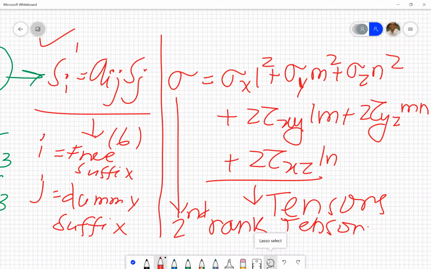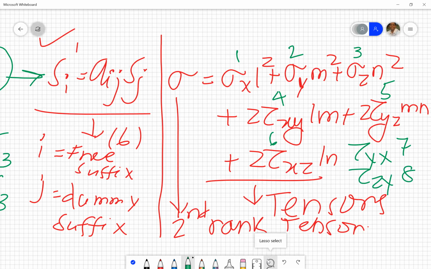We need 9 components. See here, this is component number 1, component number 2, component number 3, component number 4, component number 5, and component number 6. These are simply 6 components here. Also tau yx is there, that is 7, tau zy is there, that is 8, and tau zx is there, that is 9 components.